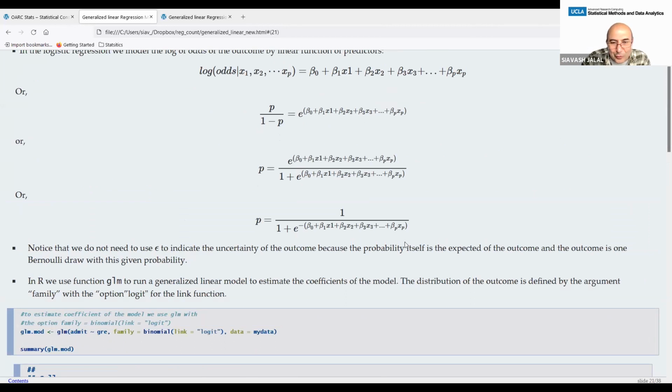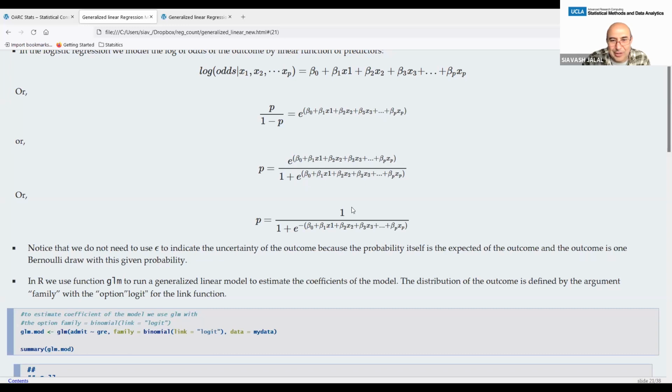Or another way they write this formula is this way. Basically, they multiply the numerator and denominator by e to the power minus that linear function.